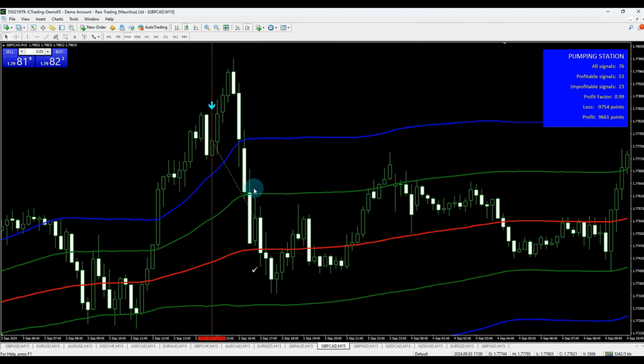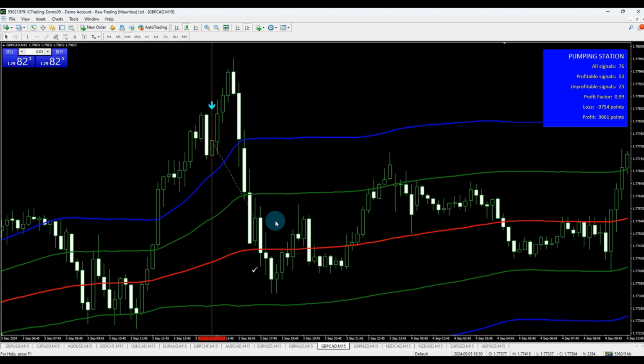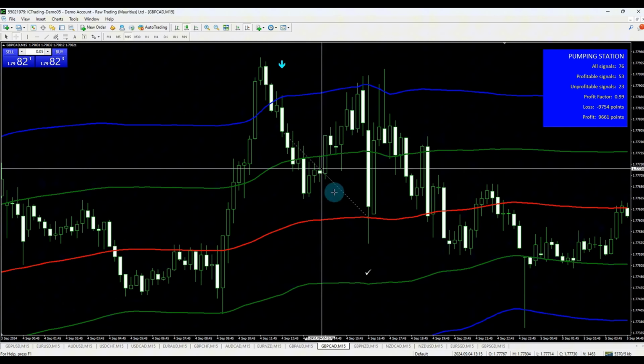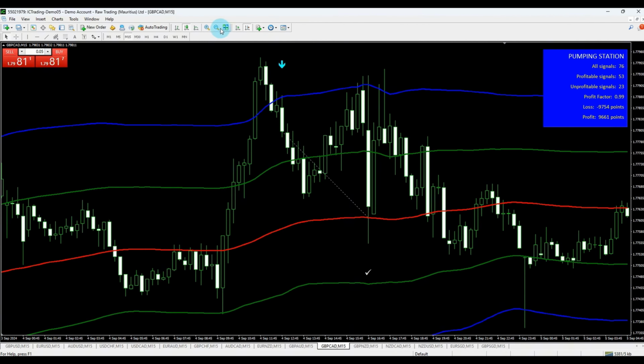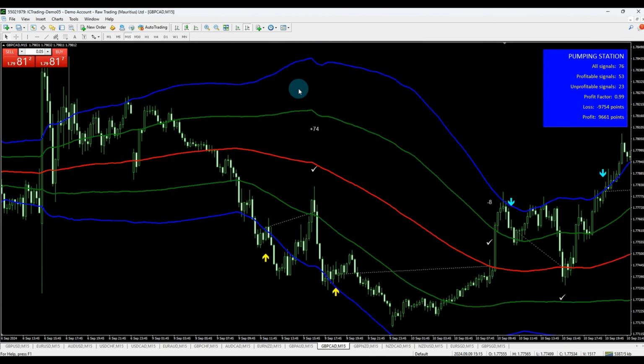If we consider all these situations of premature closures and the points that we miss out on, it is better, of course, to close at the level of the moving average, which is this red line. This is the moving average of this price channel.